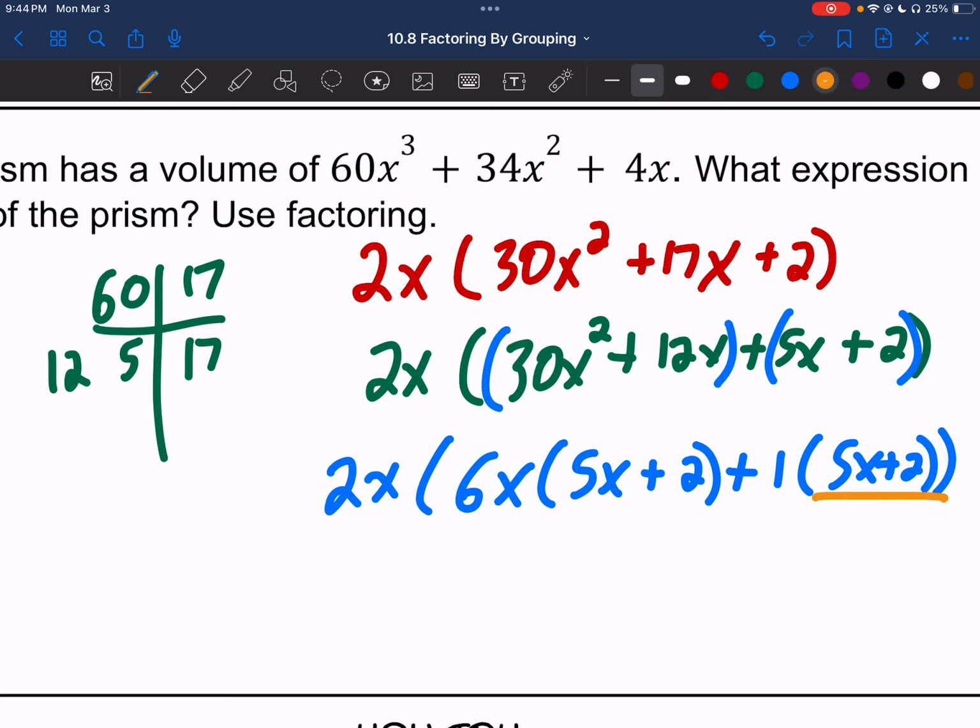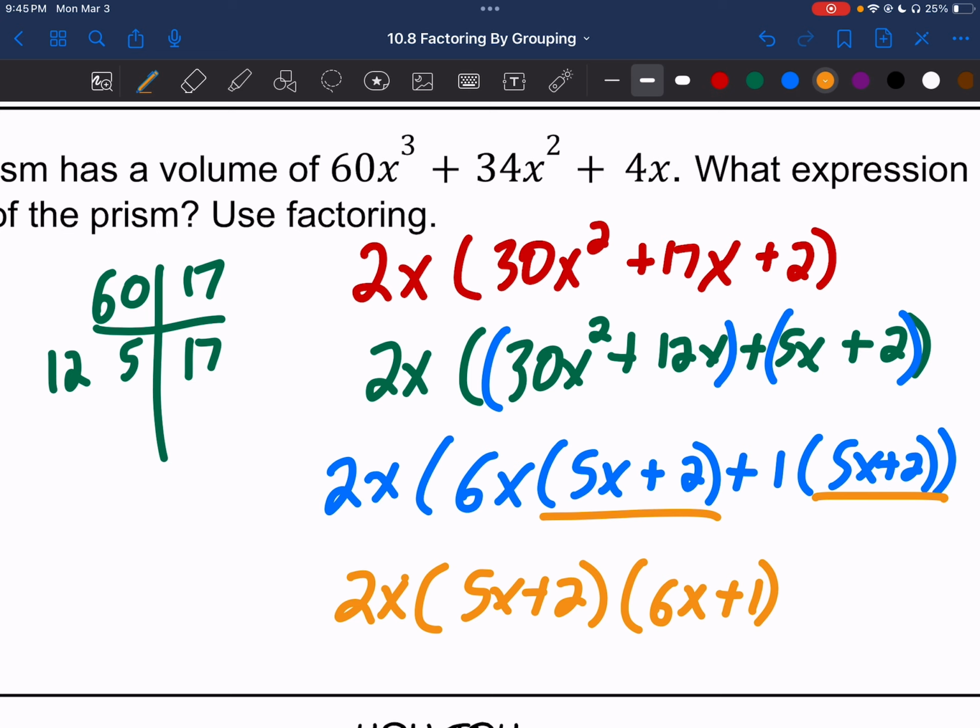And now lastly, 5x plus 2 is my common term to bring out. So we have 2x, we have 5x plus 2, and we have 6x plus 1. So those are my three factors of this polynomial. Those three values would represent the three sides of this rectangular prism.